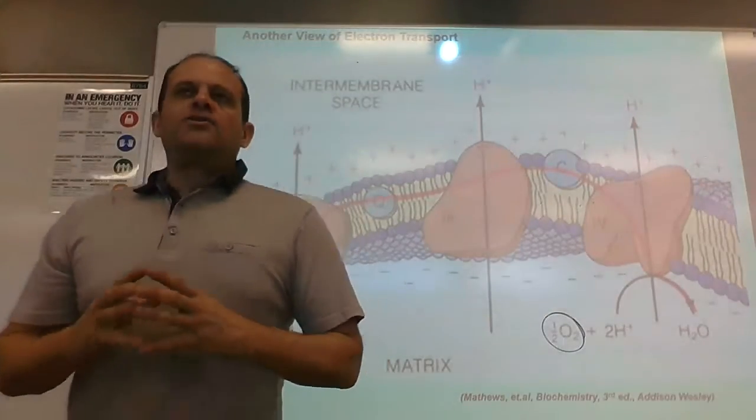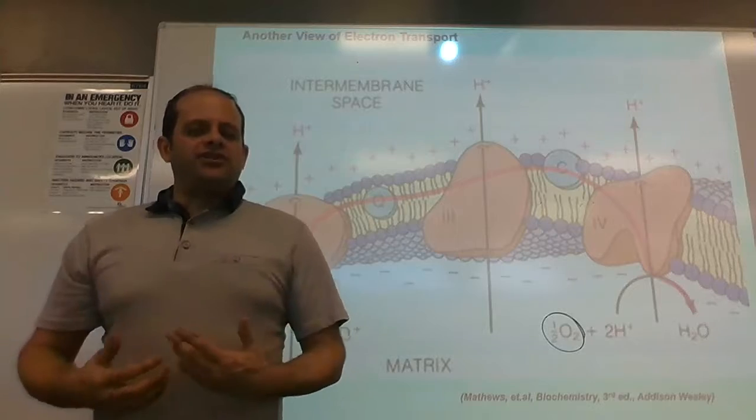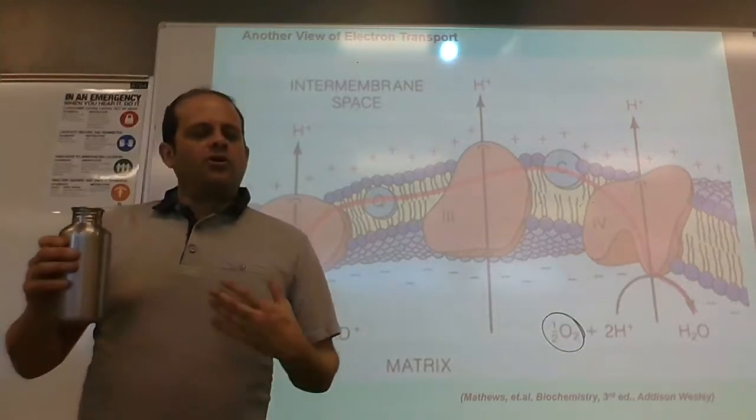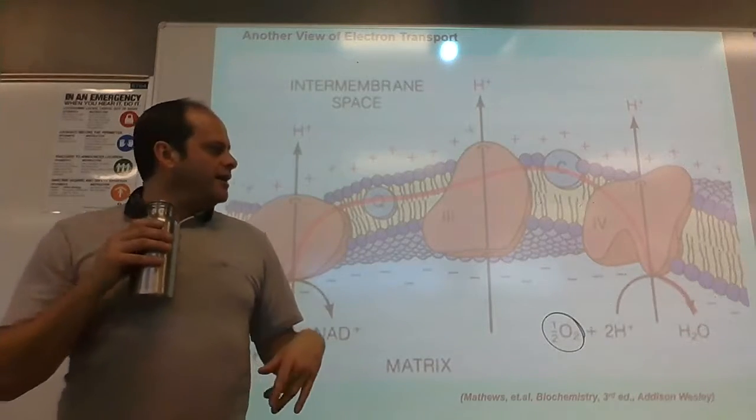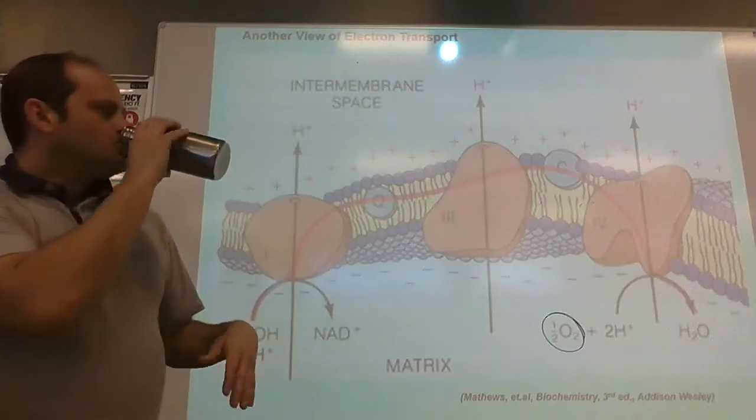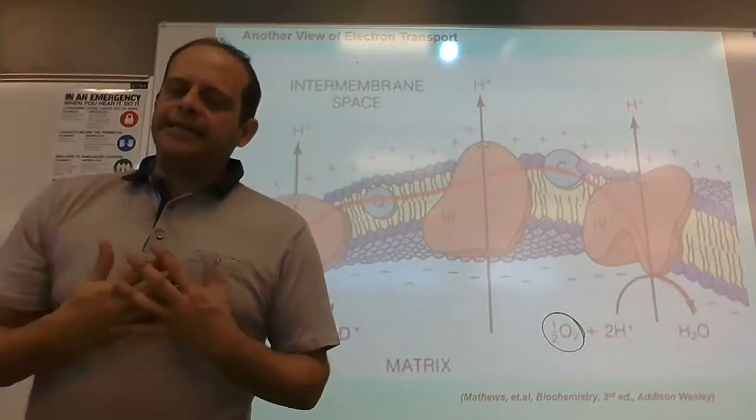And so now that we're at the last stage of cellular respiration, you want to recognize that there's a variety of things happening at the same time here in order to produce ATP.